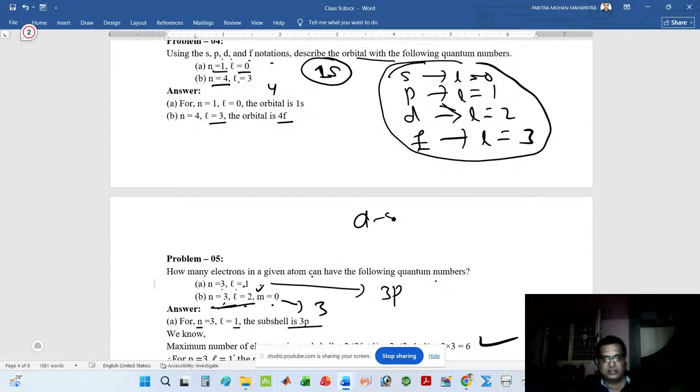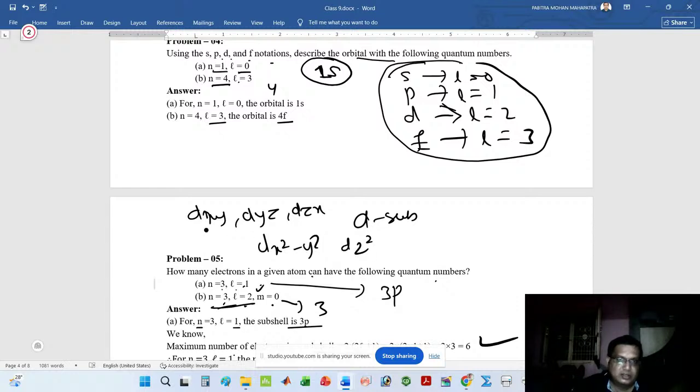In the d subshell, m is equal to 0. The orbitals are dxy, dyz, dzx, dx square minus y square, dz square.